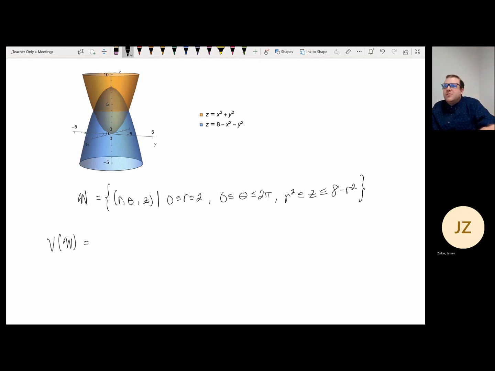So how do we know the radius? Set the two equations equal to each other. You'll wind up with x squared plus y squared equals 8 minus x squared plus y squared. You have 2x squared plus 2y squared equals 8, so x squared plus y squared is 4.